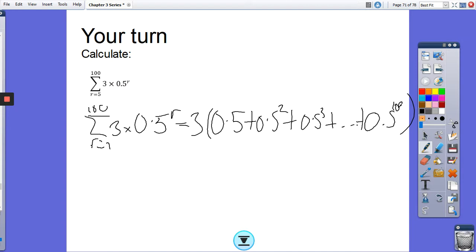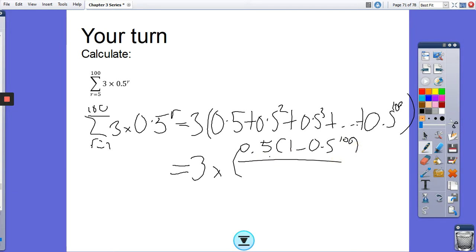This time I'm going to use the other version of the formula because we've got an r that is between -1 and 1. So we've got 3 times 0.5 brackets 1 minus 0.5 to the 100 over 1 minus 0.5, and if you work all that out, you get 3.